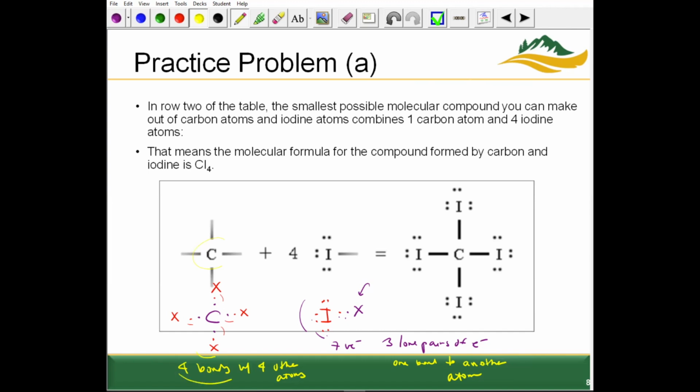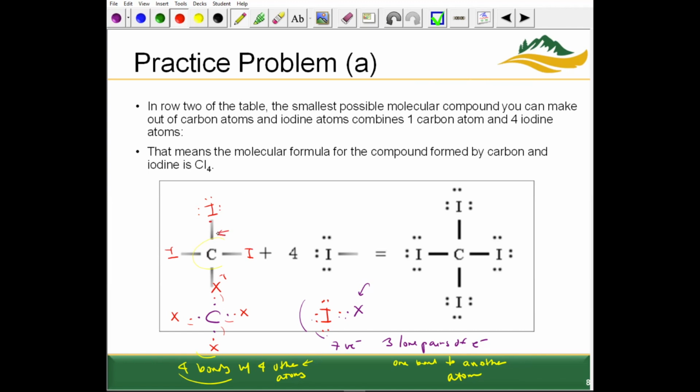So for carbon to have 4 bonds with 4 other atoms, and we're composing this molecule just from carbon and iodine, that means to make this work, we should put 4 iodines around carbon. Is iodine going to be happy? Well, 1, 2, 3, 4, 5, 6, 7 valence electrons it's coming in with.